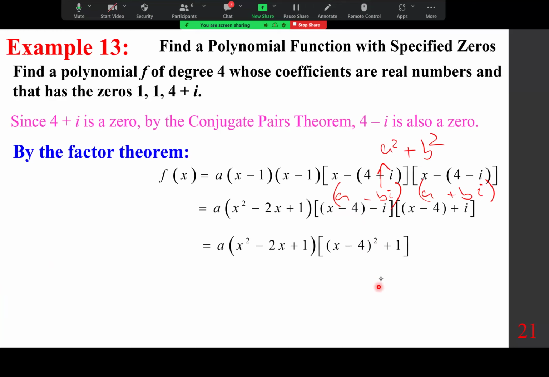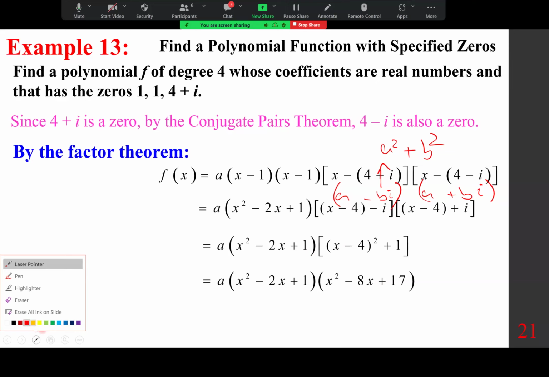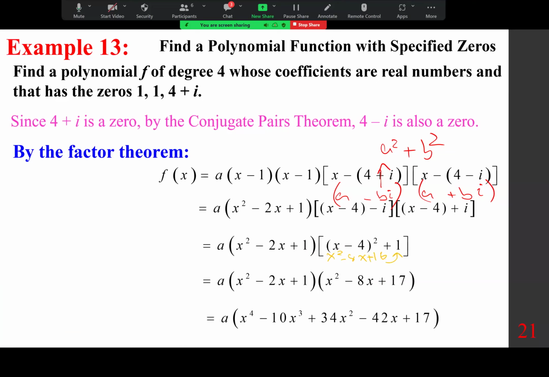And now I'm going to leave it for you to multiply and come up with the answer. This is clearly x squared minus 8x plus 16. You add it to 1, and you multiply, and you get to this answer. So the thing I wanted to show you was to understand this and to understand how to multiply this the easy way. Okay.